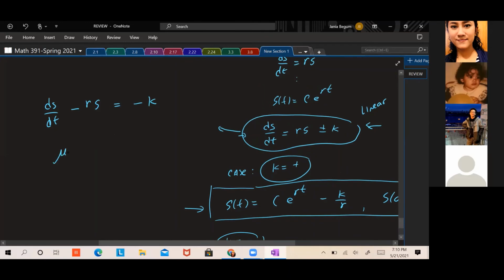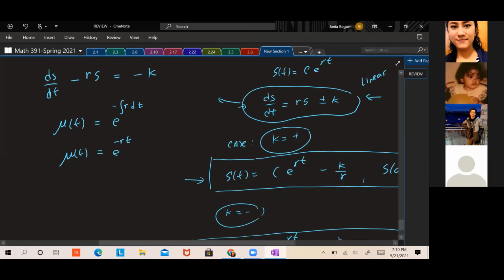Your mu of t is equal to e to the integral of p, so that would be negative r dt. So you have e to the negative rt as mu of t.